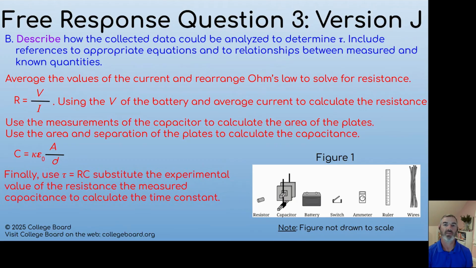Then finally, we have a value for capacitance and we have a value for the resistance. So we can multiply those two values together, and that's going to give us an experimental value of our time constant, and hopefully a very accurate one with the 10 different measurements that we took.